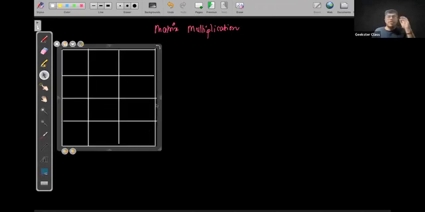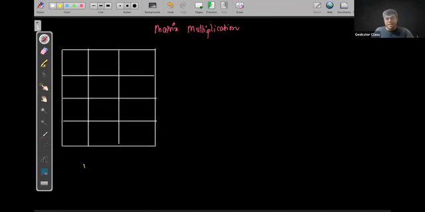If the first matrix MAT1 has 4 rows and 3 columns, what should be the dimensions of the second matrix so that I can multiply those two matrices?